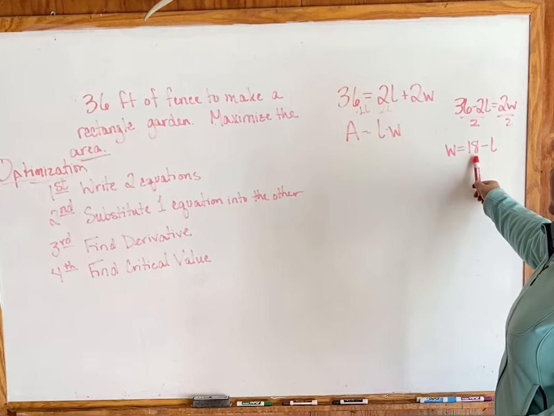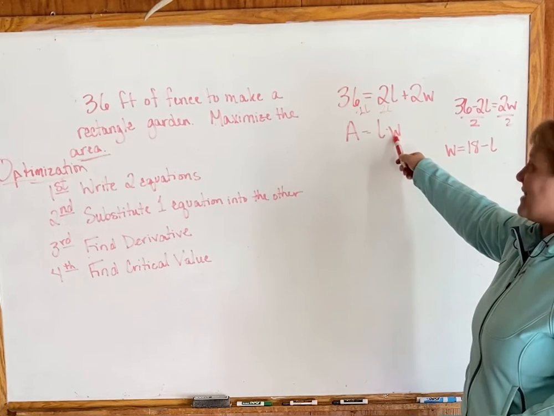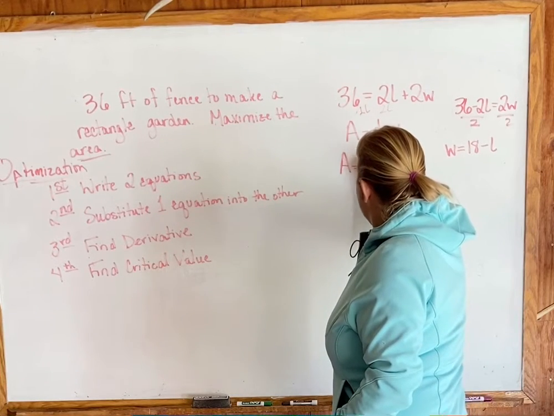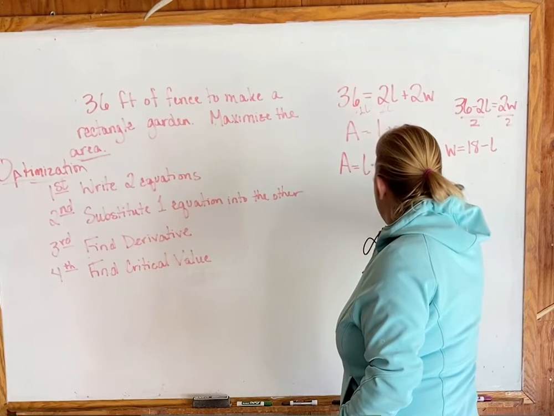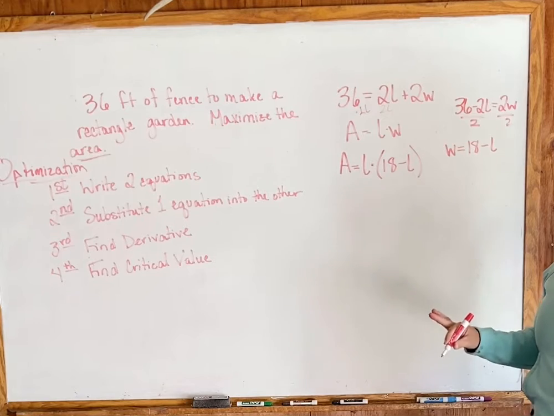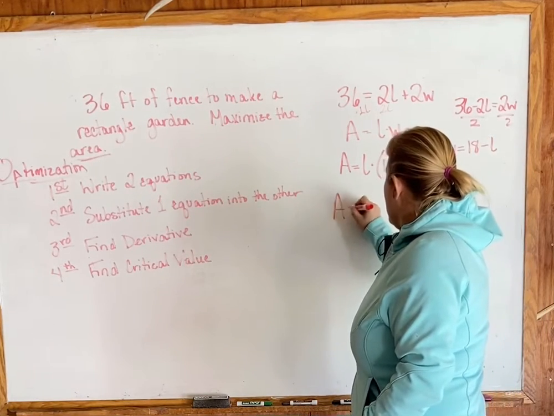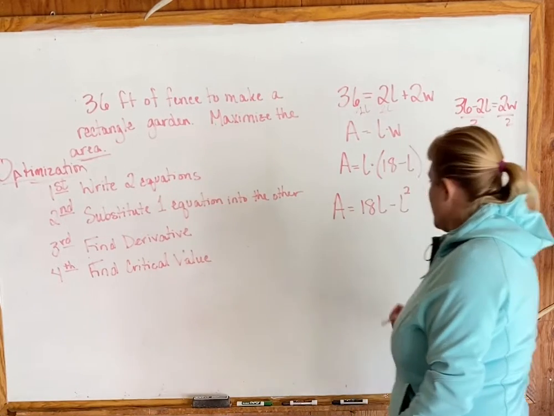Now, that means that we can take this W equals 18 minus L and we can stick it right there. So we're going to say A equals L times 18 minus L. Now, if we're going to have to do any work on this, don't leave it like that. Multiply it out. So A equals 18L minus L squared.